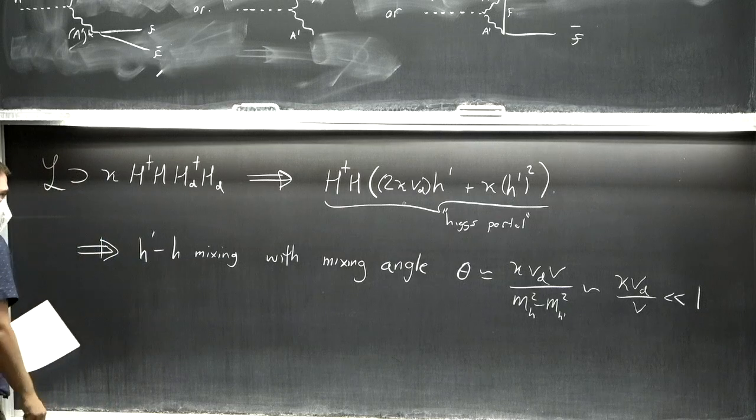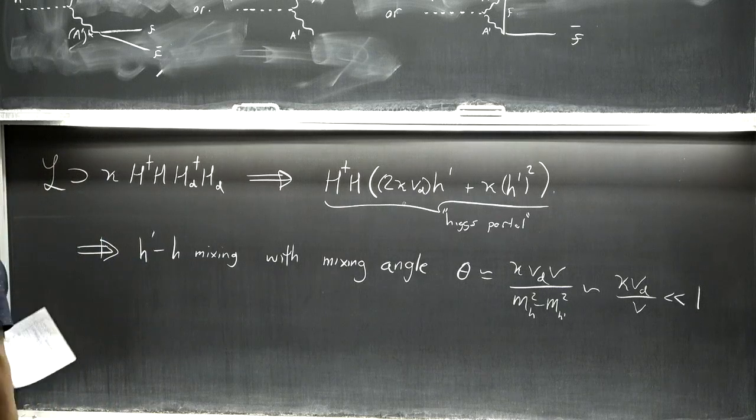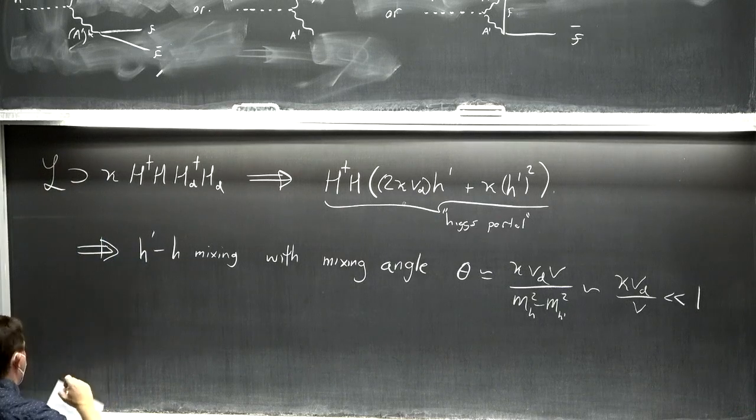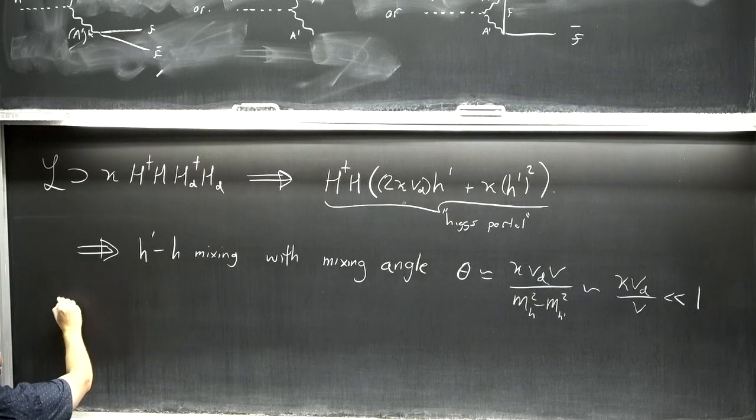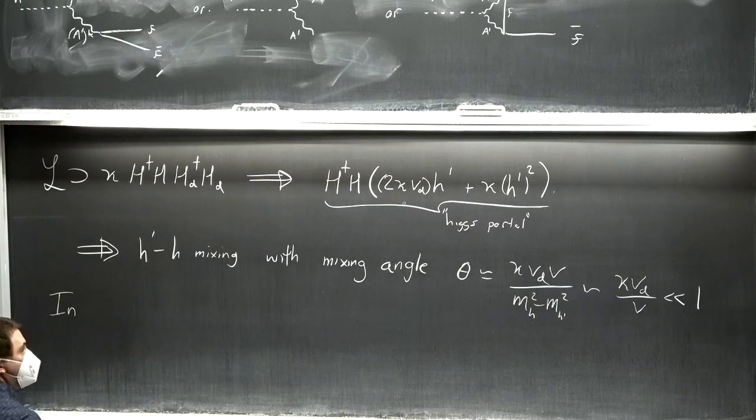Now, what this means is that, and I'm not going to go through and diagonalize the mass mixing here, I want to just summarize this so that we have time for the light dark matter.